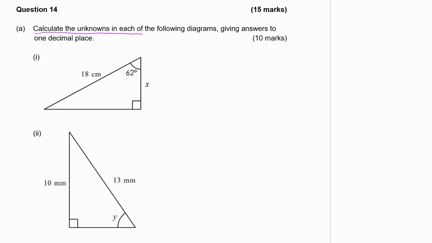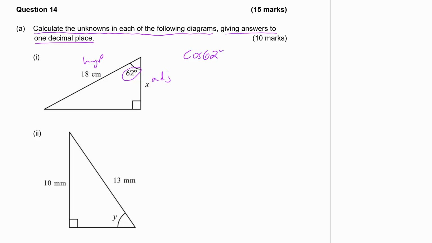Calculate the unknowns in each of the following diagrams, giving answers to 1 decimal place. Well, if the angle 62 is here in this right-angled triangle, then this would be the adjacent and this would be the hypotenuse. So we'd be using the cosine.